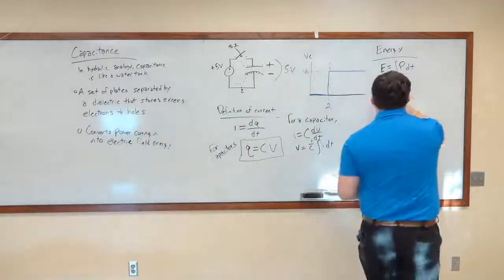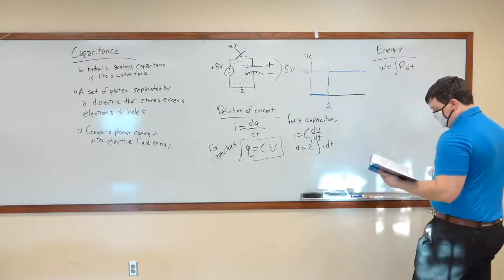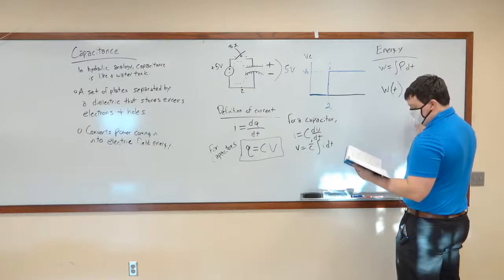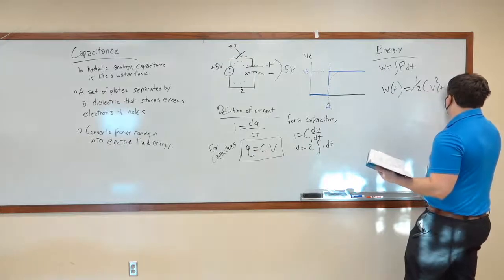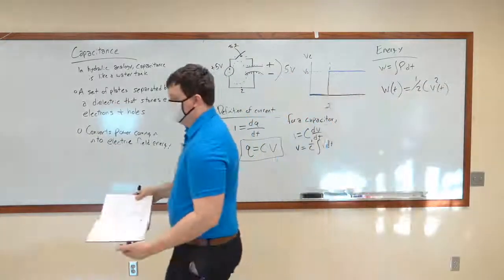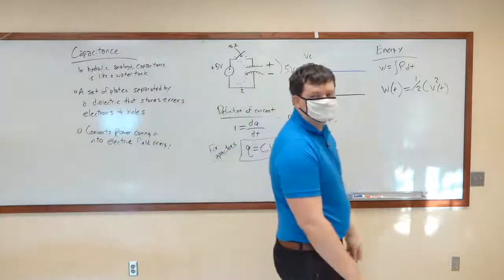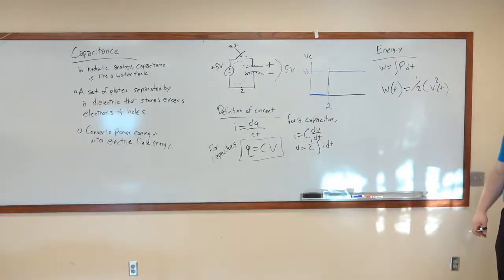I wrote energy as E. Oftentimes it's represented as W. I think your textbook represents it as a W. What we can do is write the energy on a capacitor with time is equal to 1/2 C V squared, where your voltage is also a function of time. And that is a nice formula.